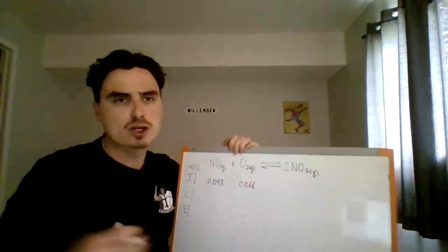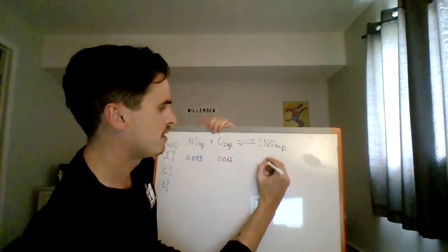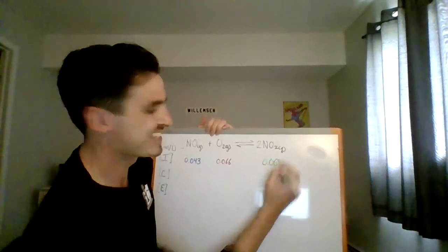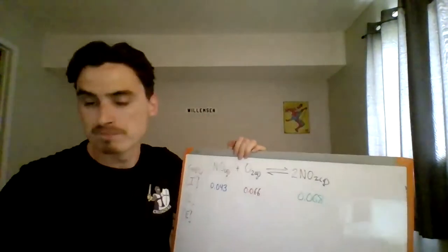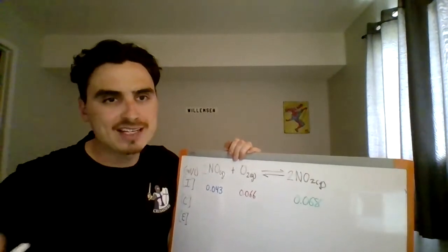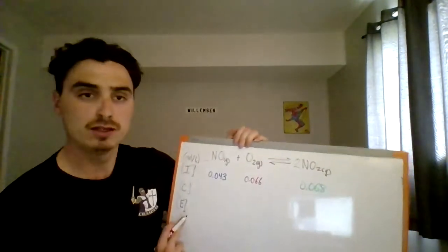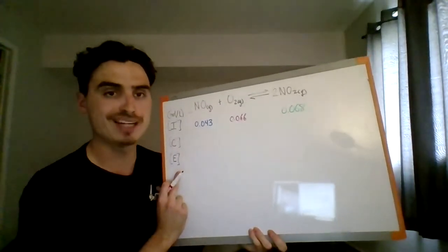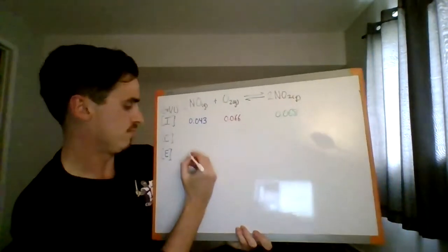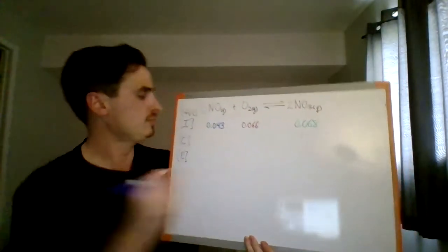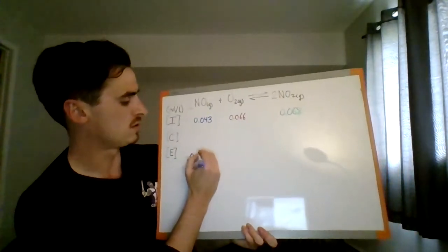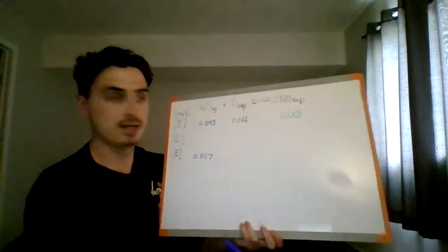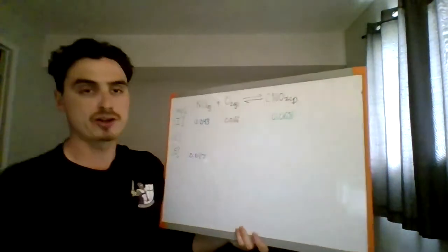And the initial concentration of nitrogen dioxide, 0.068 moles per liter. It also tells us that at equilibrium, so that's down here, the concentration of nitrogen monoxide is 0.017. Calculate, write the equilibrium law, calculate the expression.